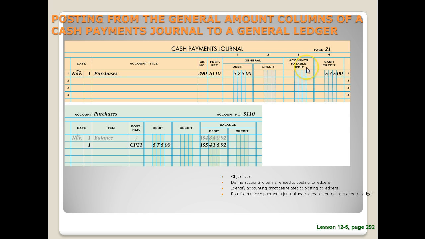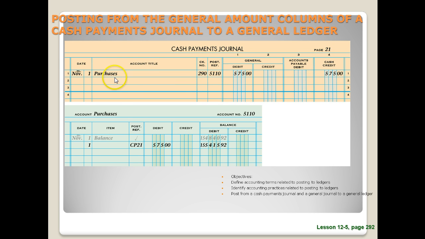Accounts payable debit. Okay, again, keep paying attention. If we have stuff listed in accounts payable debit, we post the subsidiary ledgers by themselves. So each transaction that's part of a subsidiary ledger. When we have this account title column, and this is going to be our vendors, when we have a vendor name here, that amount gets posted to each individual subsidiary ledger, right? So say we had Alfredo Lopez here, and we had a debit for $500.